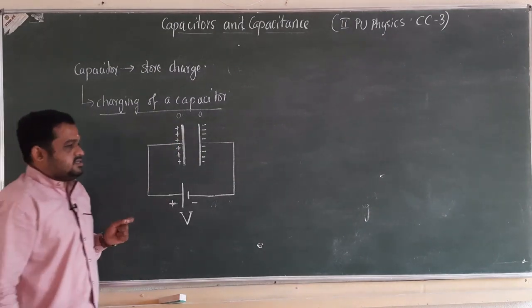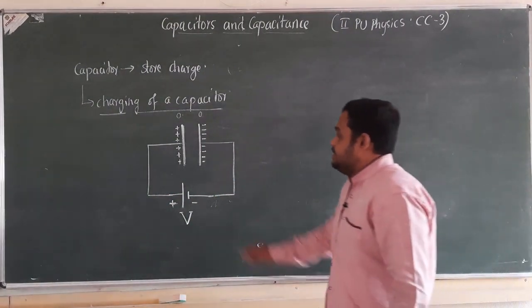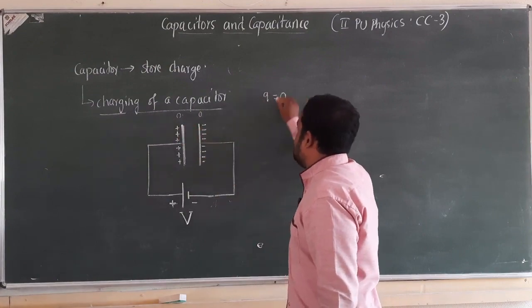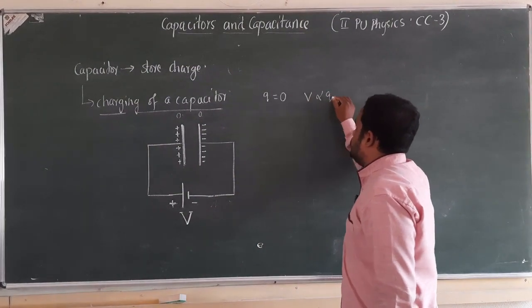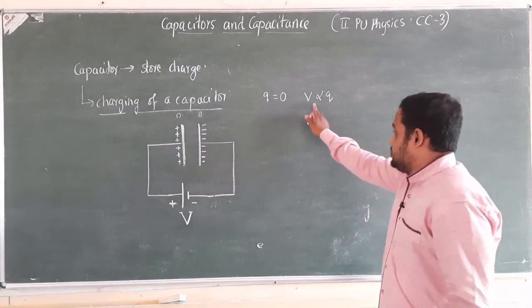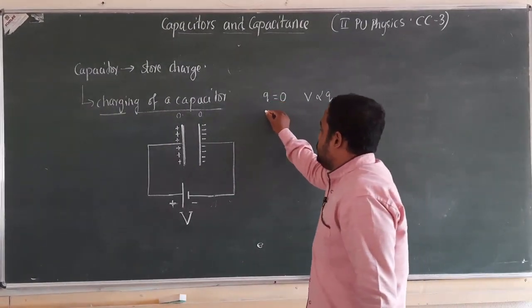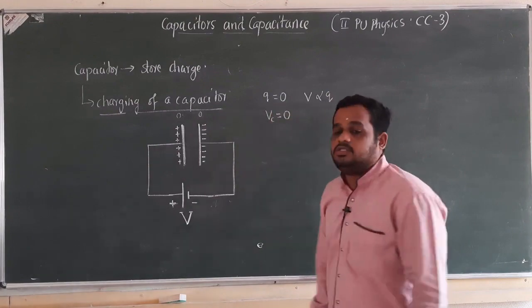This process of charging a capacitor continues until, see here, initially the magnitude of charge in the capacitor was 0. We know that potential is directly proportional to Q. We have discussed this condition in earlier classes. V is directly proportional to Q. So when Q is equal to 0, the potential difference between the plates of the capacitor will be 0.